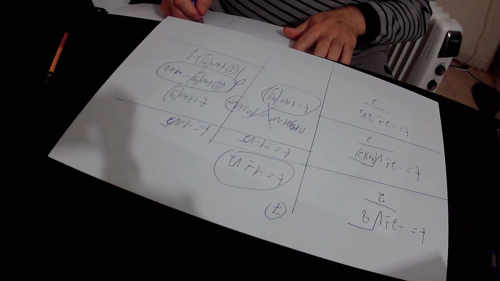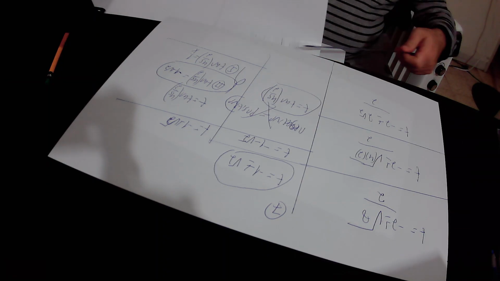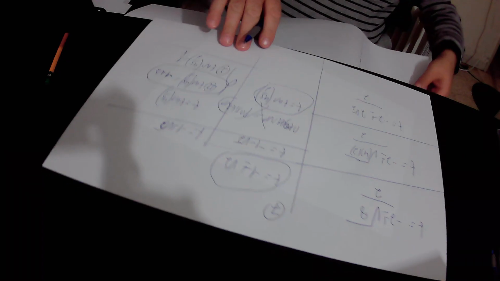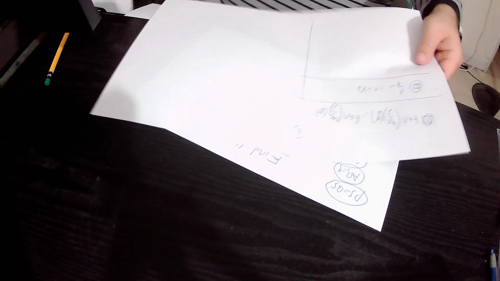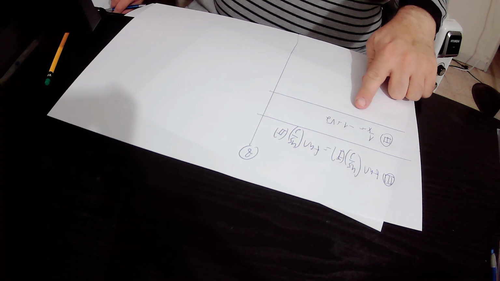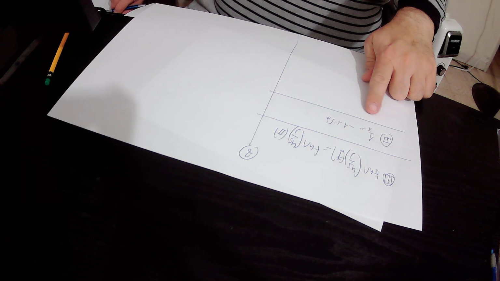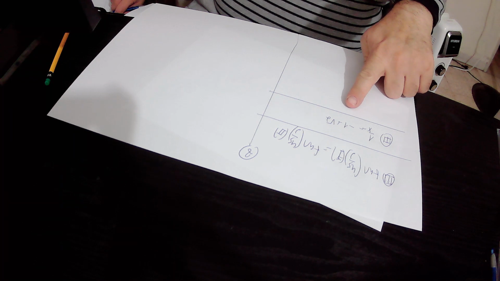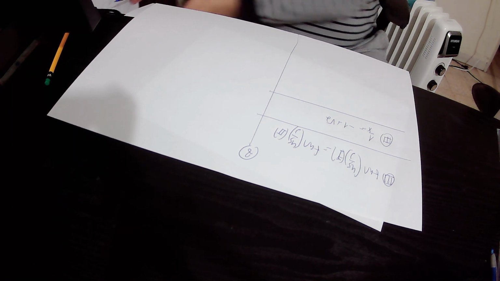In conclusion, we found out that according to equation number 3, 1 over x equals minus 1 plus square root of 2.